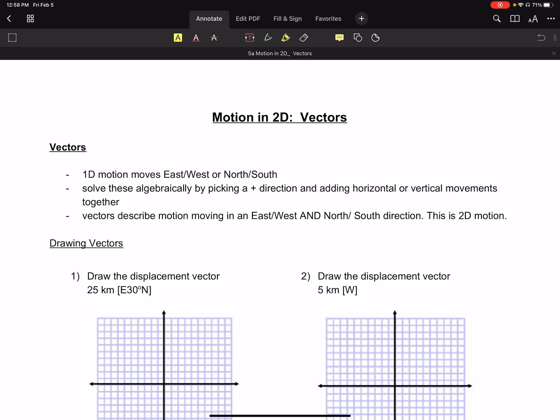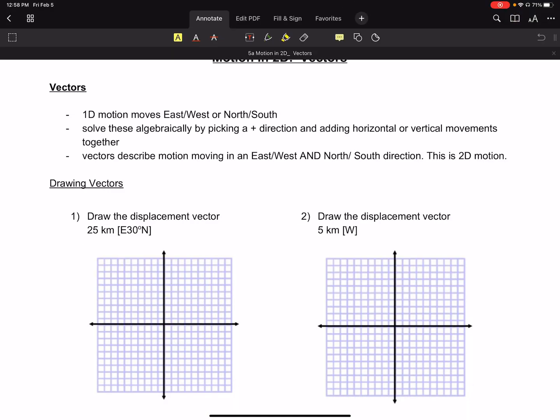So before we can really get into studying 2 dimensions, we're going to cover the concept of vectors, specifically in 2D. So 1D motion moves east-west or north-south. We solve these algebraically by picking a positive direction and adding horizontal or vertical movements together. Main word here is the "or," okay?